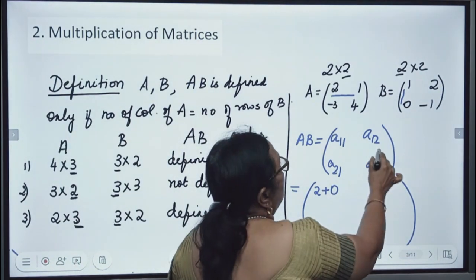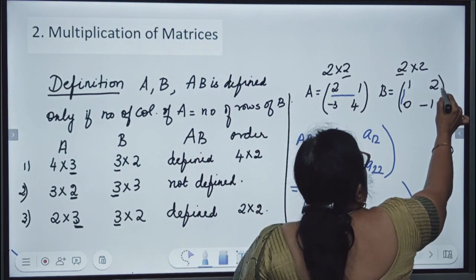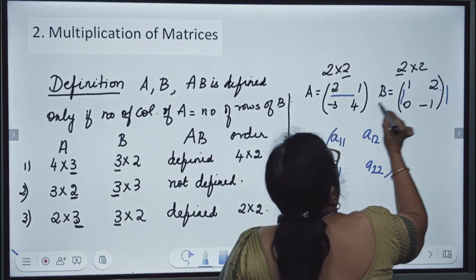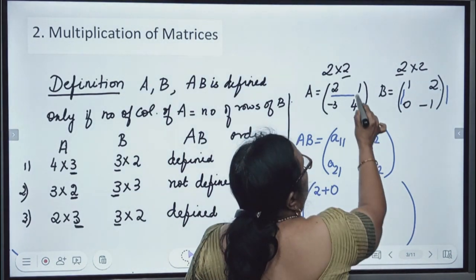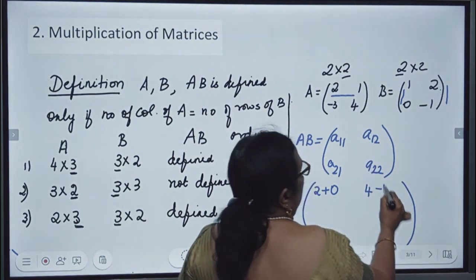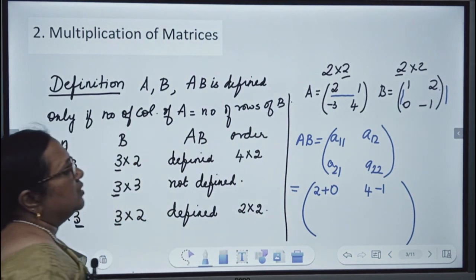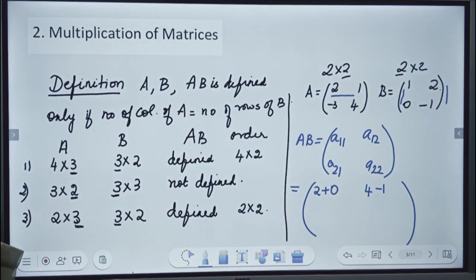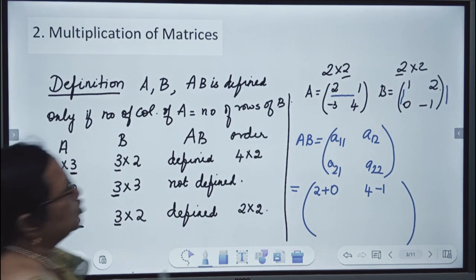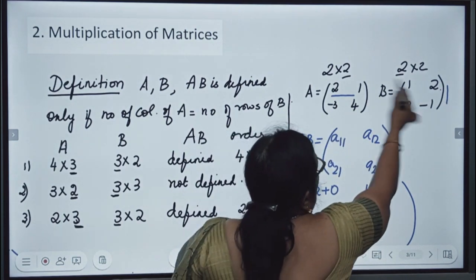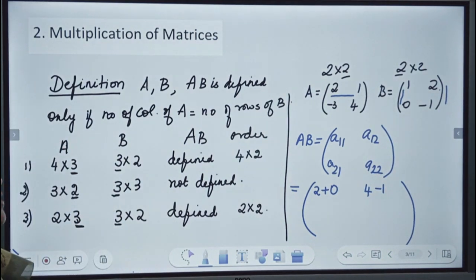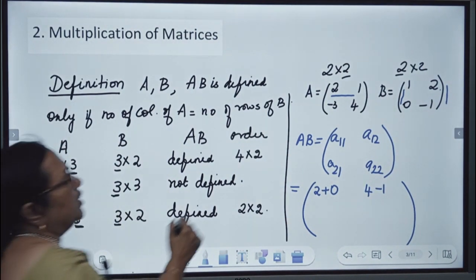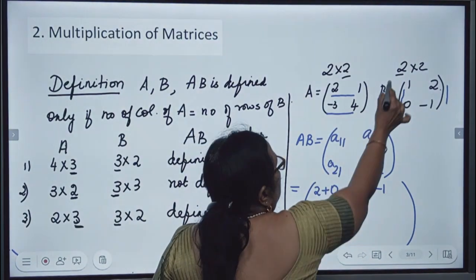Now A12 will be first row, second column. So what will I get? 2 into 2, 4 plus 1 into minus 1, minus 1. First row by second column. Now this will be second row and first column.